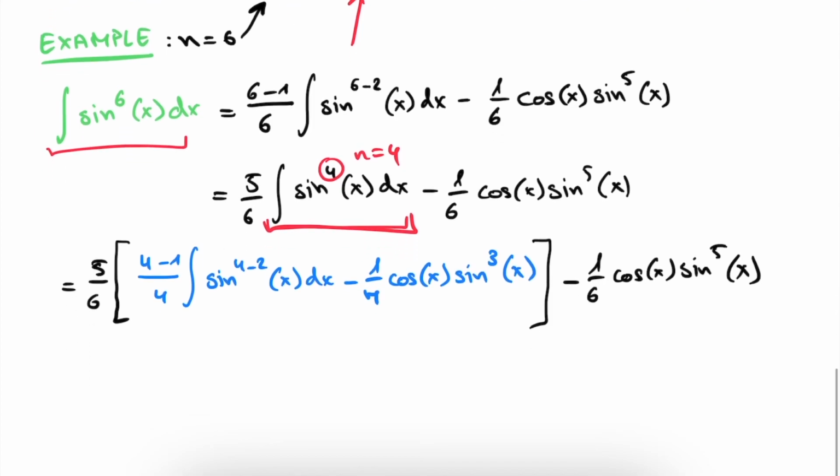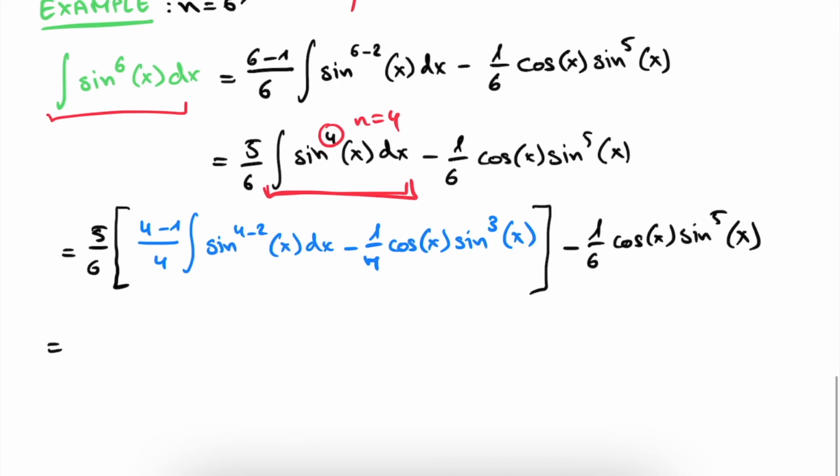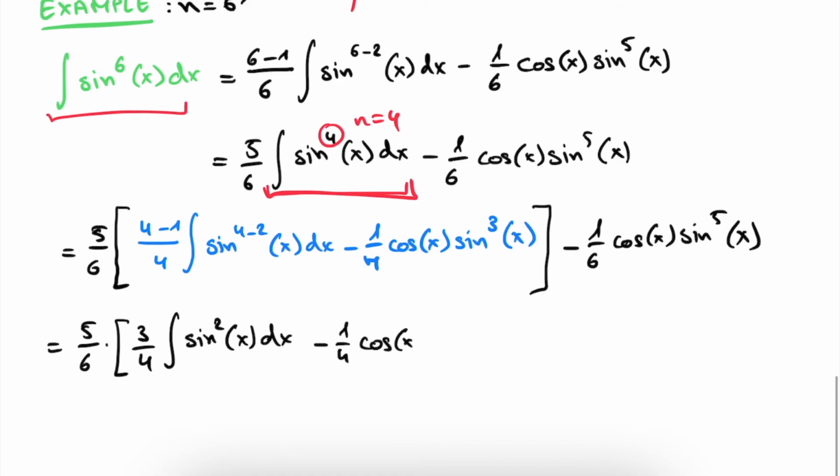So we can rewrite this to get an eventual result of 5 divided by 6 times 3 divided by 4 times the integral of the sine squared of x dx minus 1 over 4 cosine of x times the sine to the power of 3 of x minus 1 over 6 times the cosine of x times the sine to the power of 5 of x.